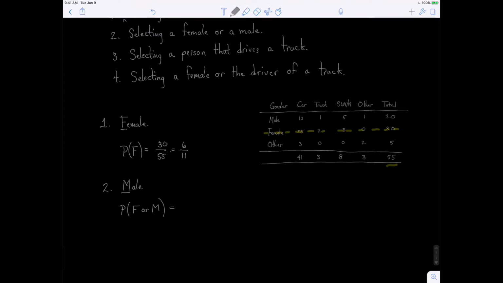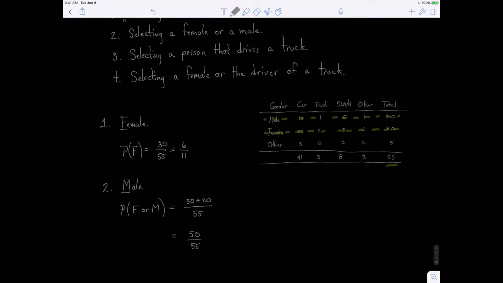Well, if I look closely, we know we have 30 females and that we also have 20 males. So that's the 30 females plus the 20 males for a total out of 55 total people, and I could add those together. Let's come down here, and I could say that that's 50 out of 55.